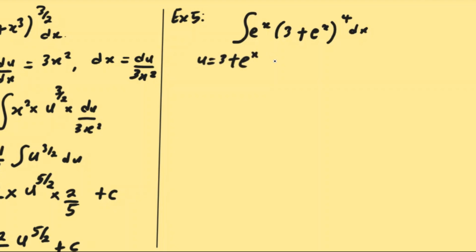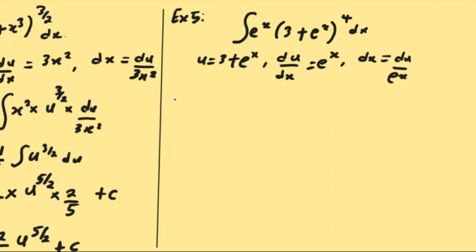From here, it means that du dx is going to give us e raised to the power of x. Then dx will give us du divided by e raised to the power of x.